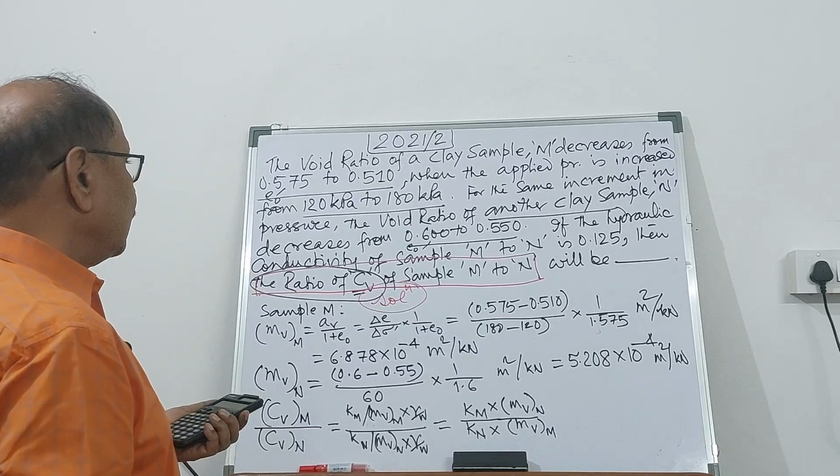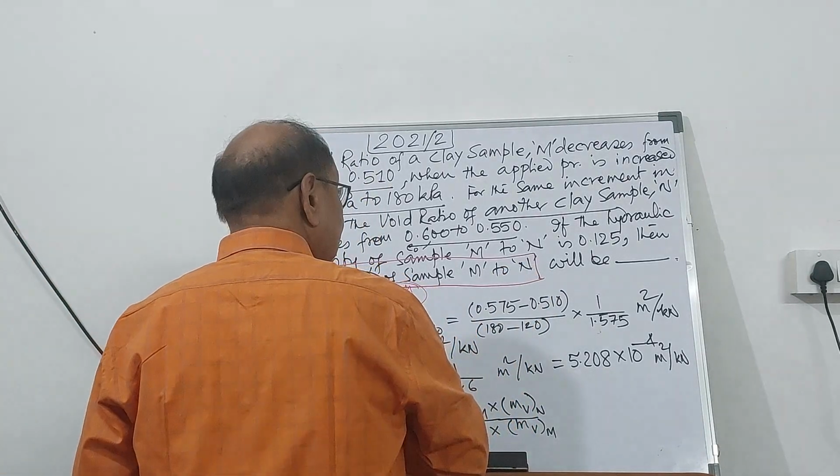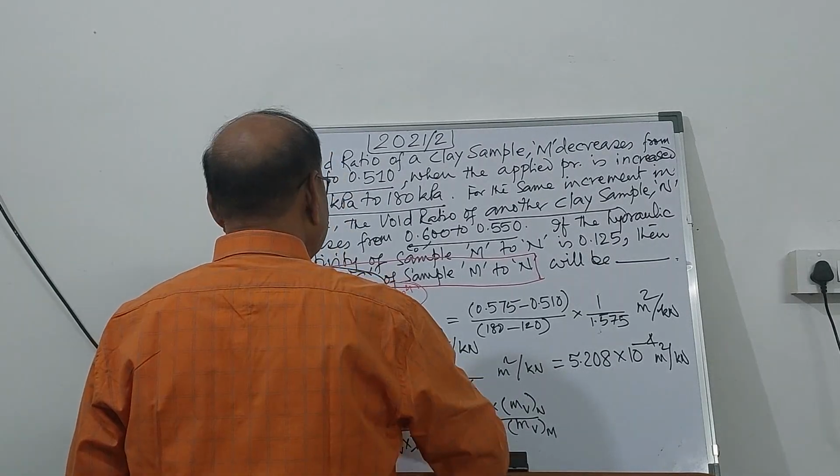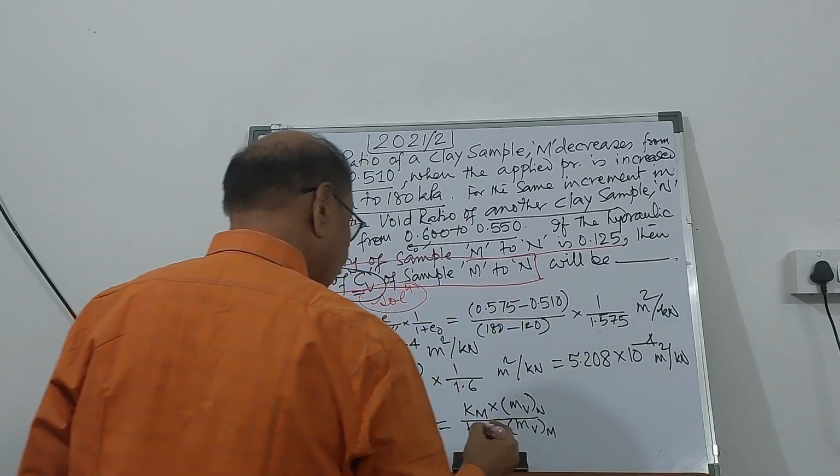Now, the hydraulic conductivity ratio of sample M to N is 0.125.